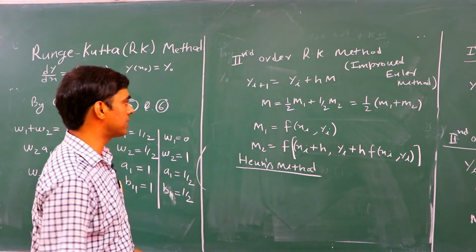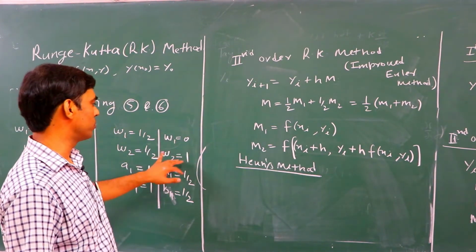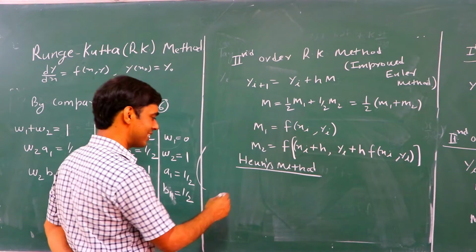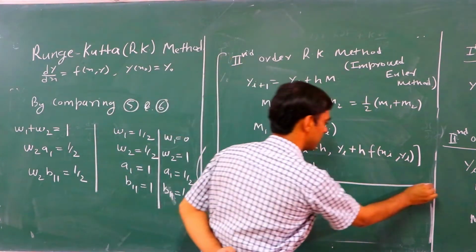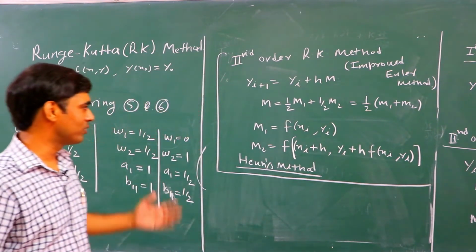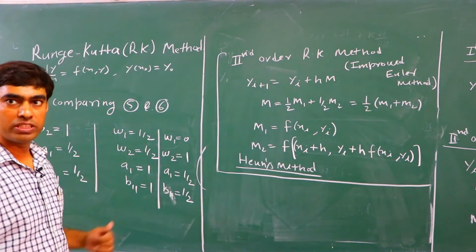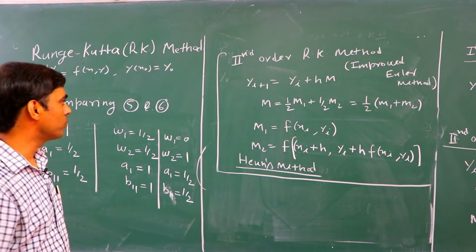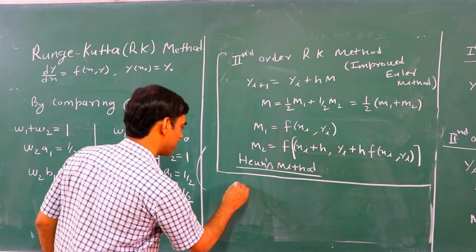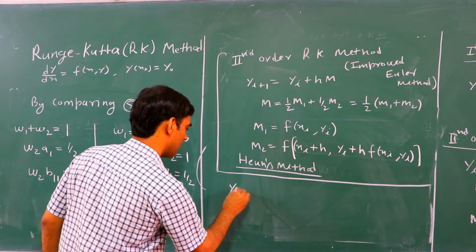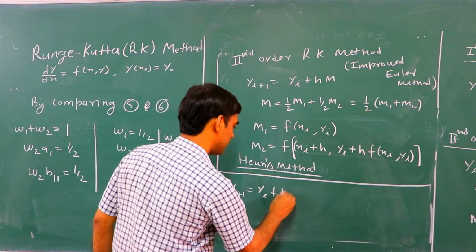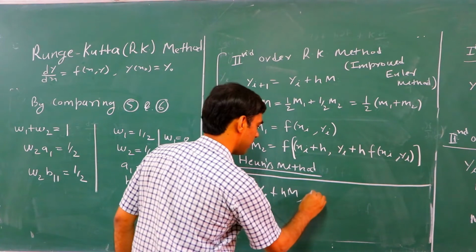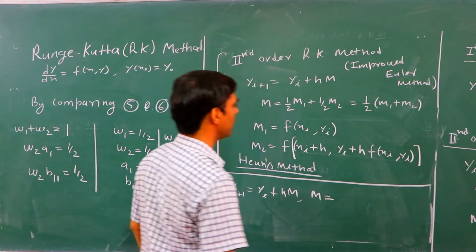Second order RK method: if we choose W1 equal to 0, W2 equal to 1, then what is the iterative scheme? This one is Heun's method. And if we choose W1 equal to 0, W2 equal to 1, then what will happen? Yi plus 1 equals Yi plus Hm, and m equals W1 m1 plus W2 m2.